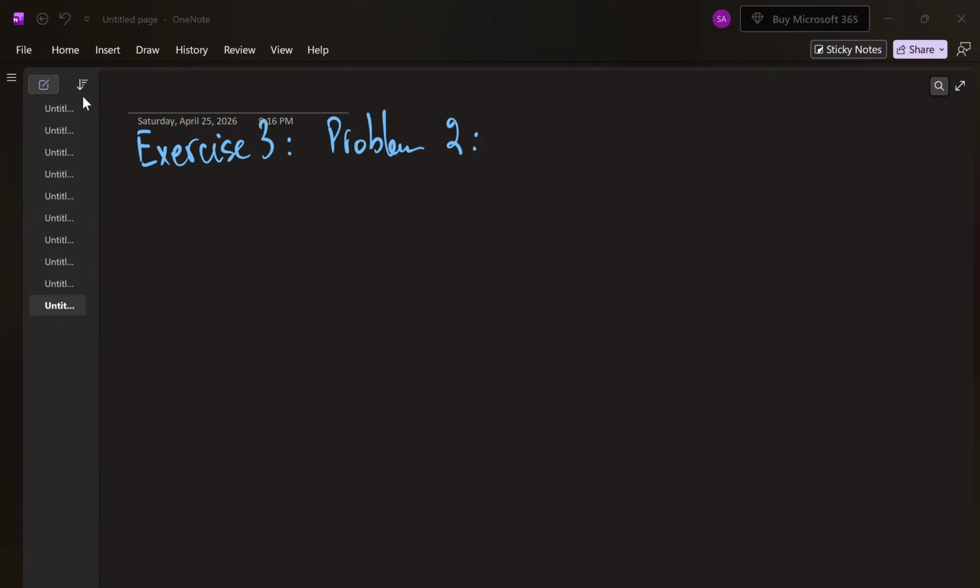The equation that we are trying to solve right now is x times y prime is equal to y plus x squared sine x.